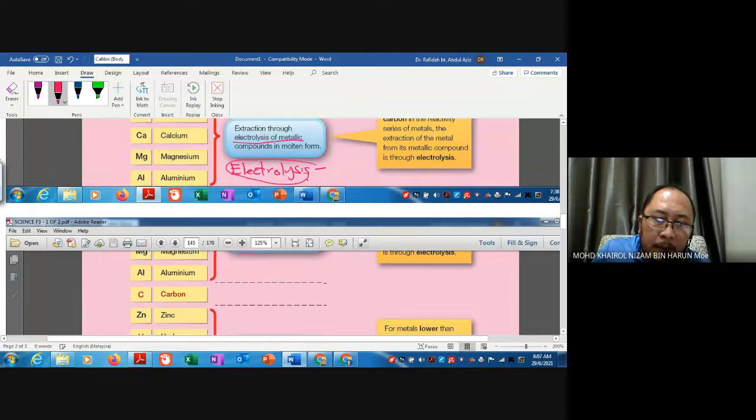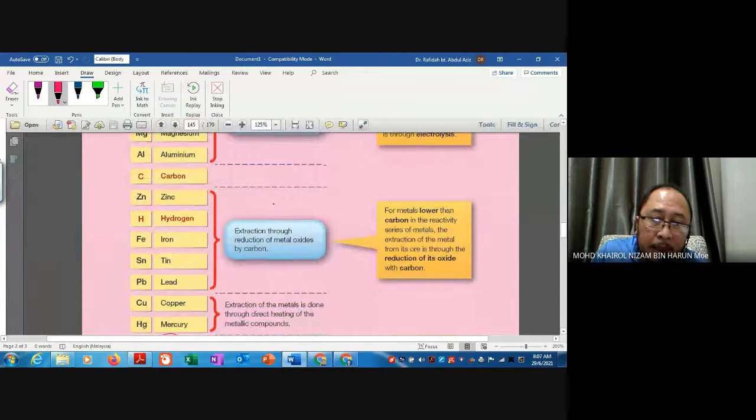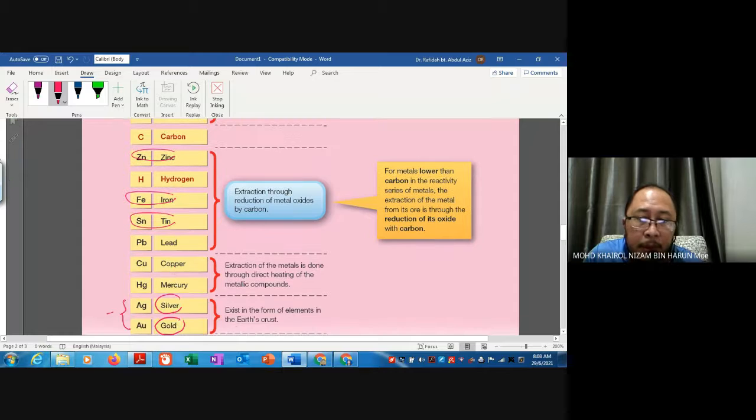Electrolysis. For metal from zinc, iron, tin, okay, and lead. So we have four metals here: zinc, iron, tin, and lead.